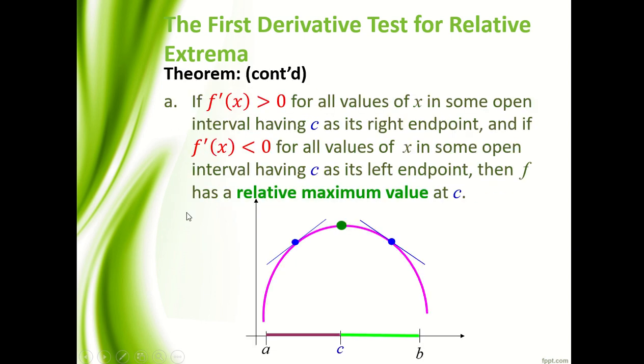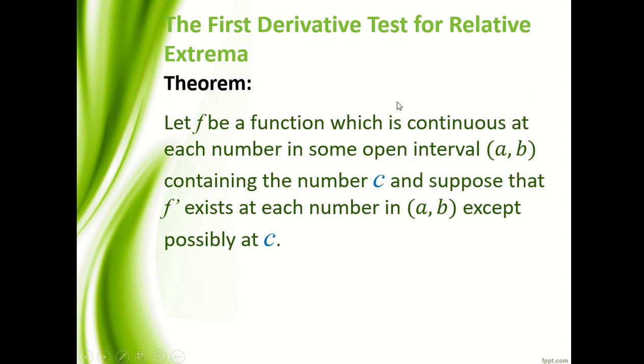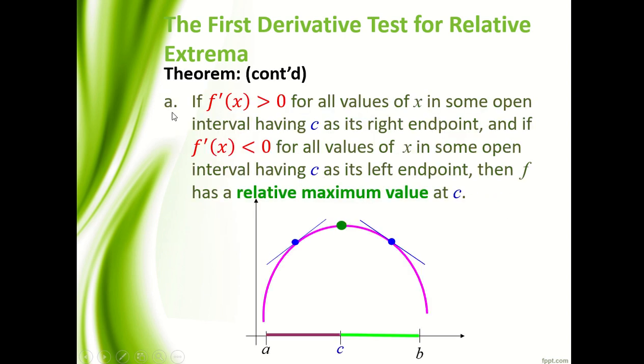So, scenario a: assuming these conditions are satisfied, a function which is continuous in some open interval (a, b) containing c, and f prime, the first derivative, exists at every number in (a, b) except possibly at c, then we have here a.